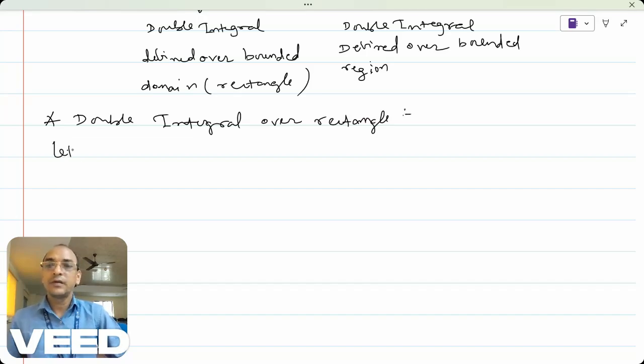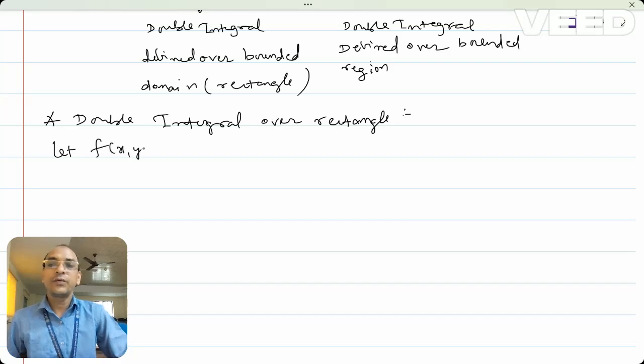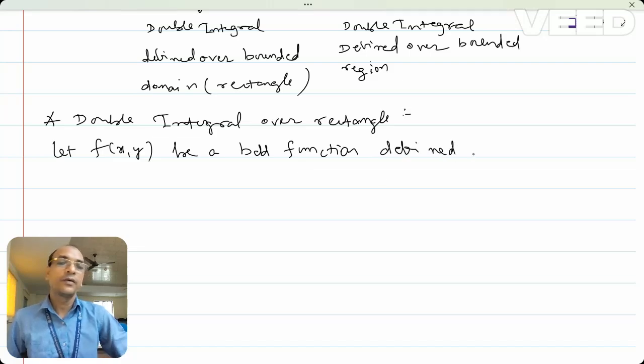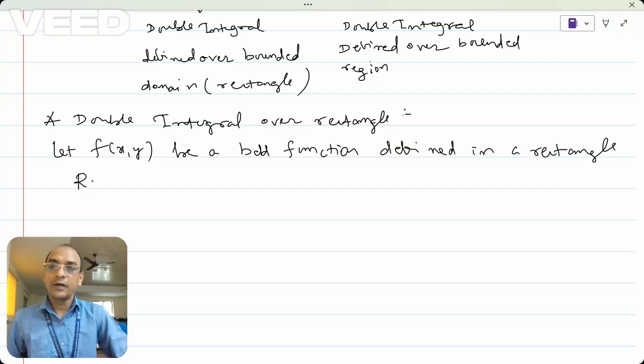So let f of x comma y be a bounded function. Bounded function, we can abbreviate it as BDD. Bounded function defined over a rectangle, defined in a rectangle R. That rectangle is denoted by [a,b; c,d].